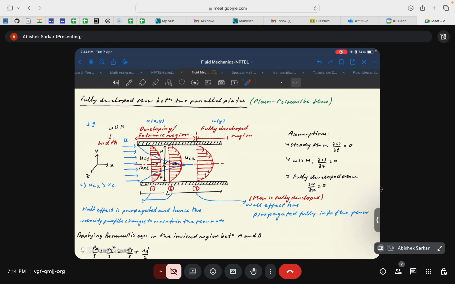The velocity increases from the surface of the plate up to the boundary layer, and then again attains a more or less constant value in the region where the flow is essentially inviscid. Then once the boundary layer starts from the bottom plate, it again reduces to 0 at the surface of the bottom plate.